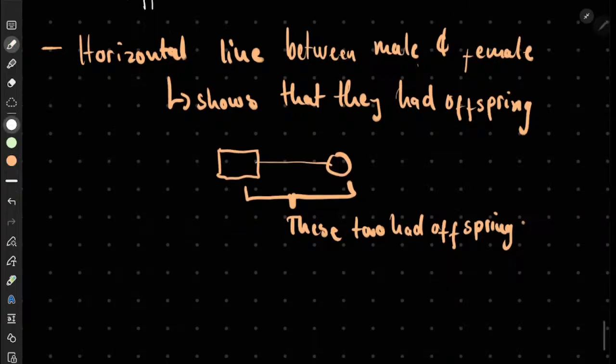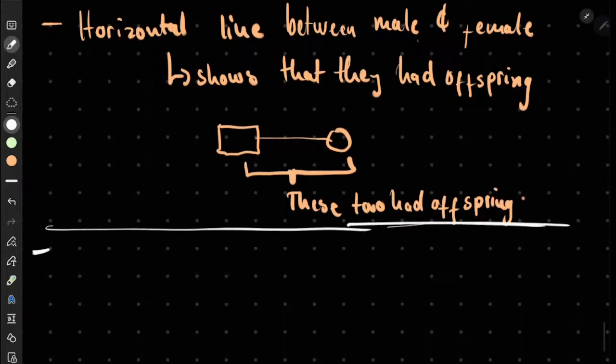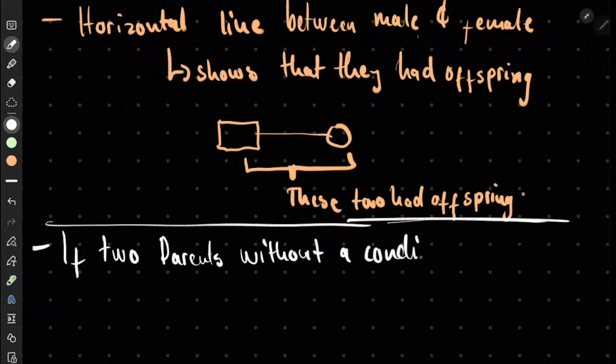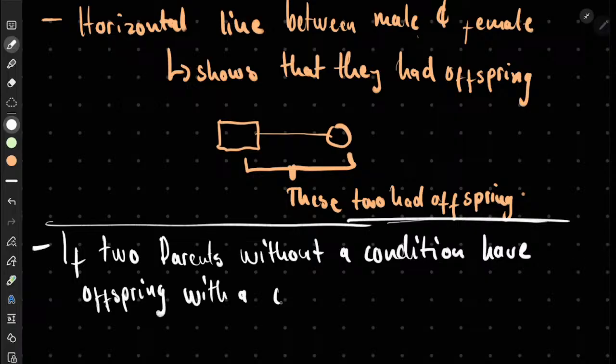Right. Now, let me say one last statement that can help you. That is a very important thing. If two parents without a condition have offspring with a condition, obviously those two parents are heterozygous.